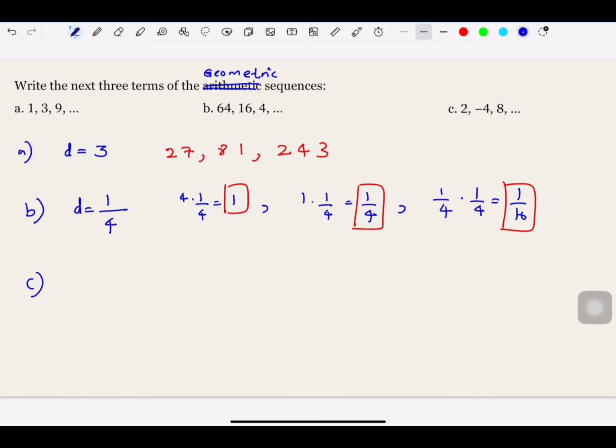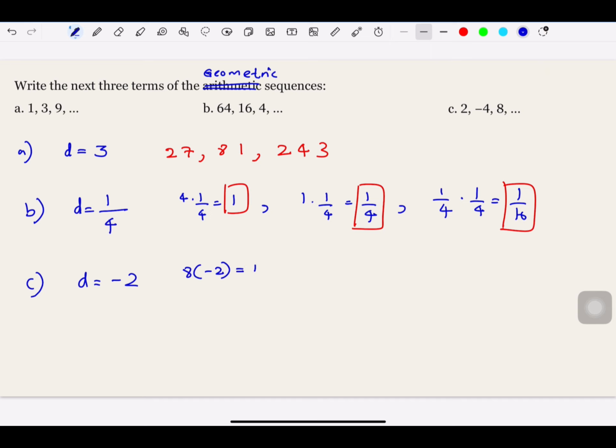Next, example C, you have 2, -4 and 8. Here the common ratio is -2, because 2 multiplied by -2 is -4, and -4 multiplied by -2 gives +8. So here the common ratio is -2. To get the next three terms, you multiply 8 by -2.